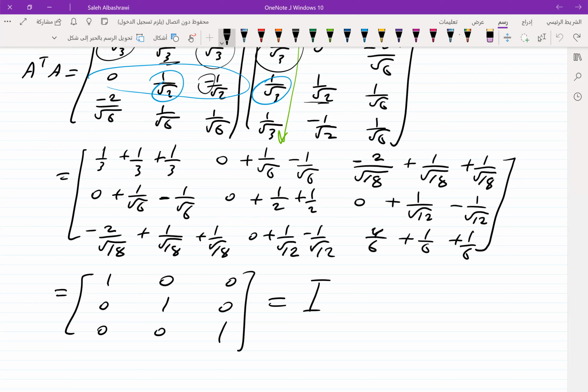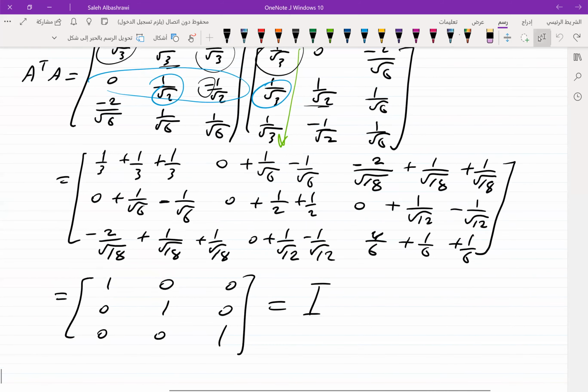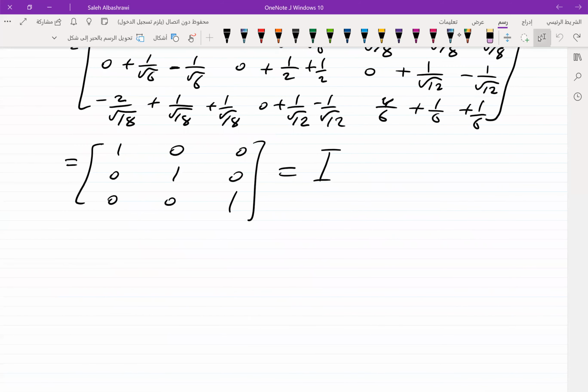By the same way, let's find A times A transpose. Let's apply the same process, but just reverse the order of the matrices.